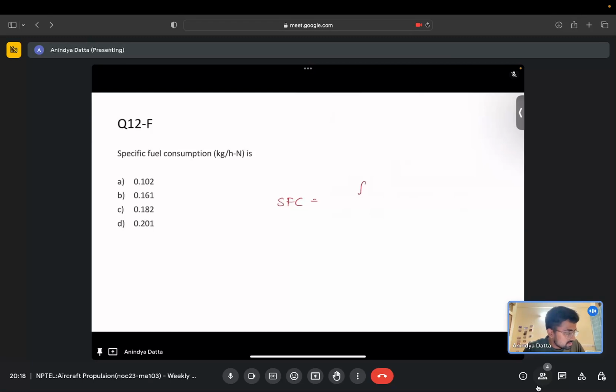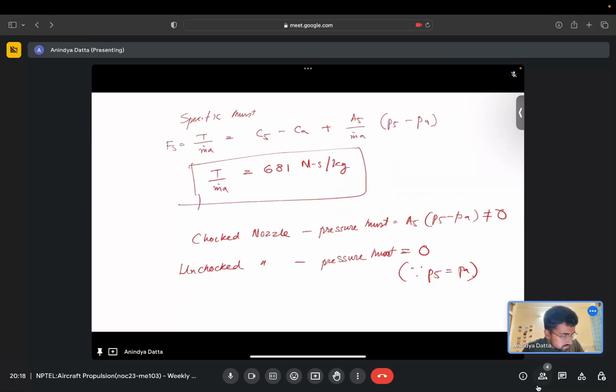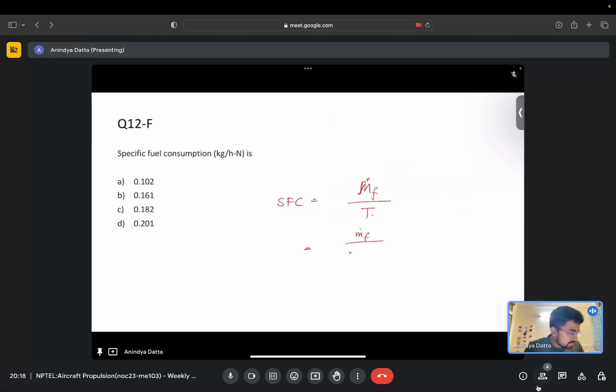So SFC is mass flow rate of fuel divided by thrust. Let's say I denote specific thrust here as Fs. So thrust is m dot A times Fs.